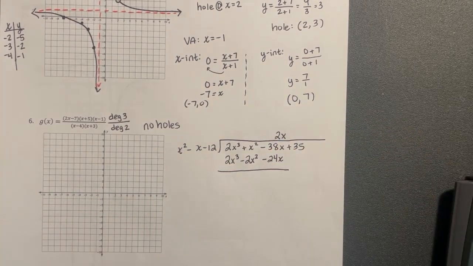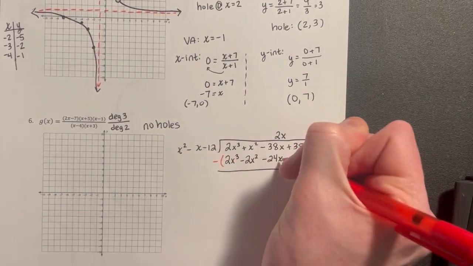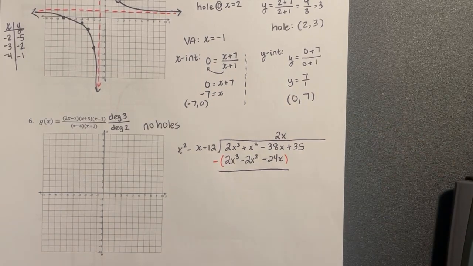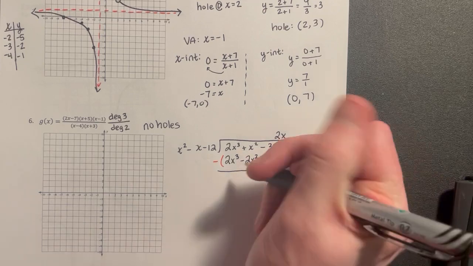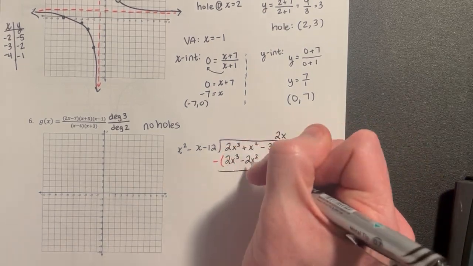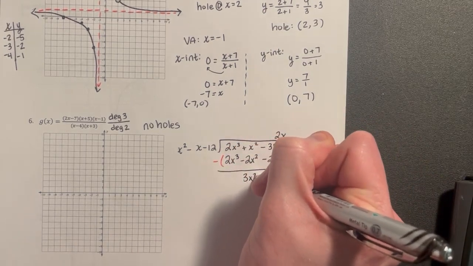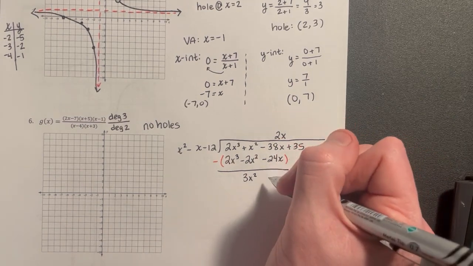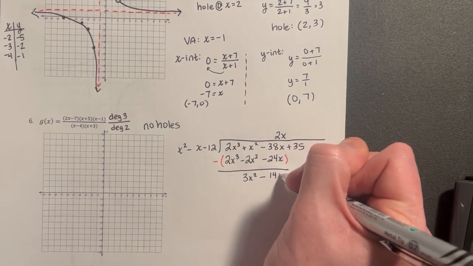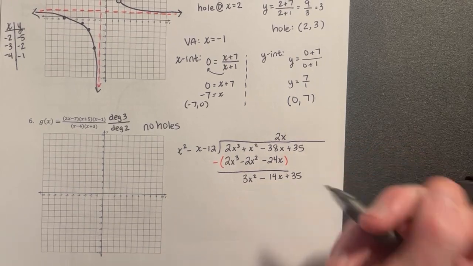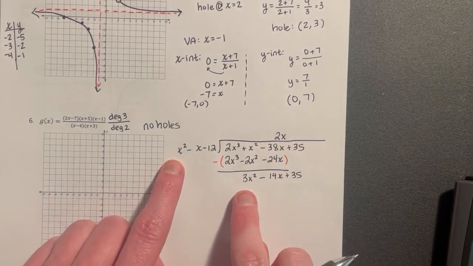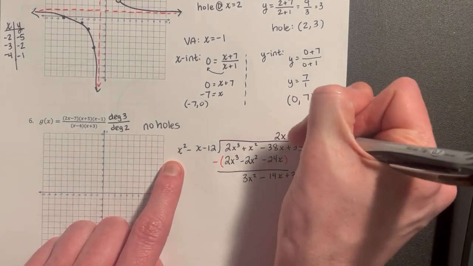And we subtract. All right, so we have a 1 minus a negative, that's plus, that's 3x squared minus 14x plus 35. I divide again, so x squared goes into 3x squared 3 times, so plus 3.